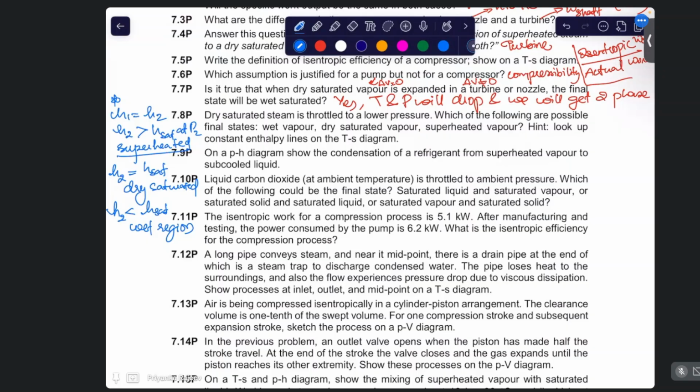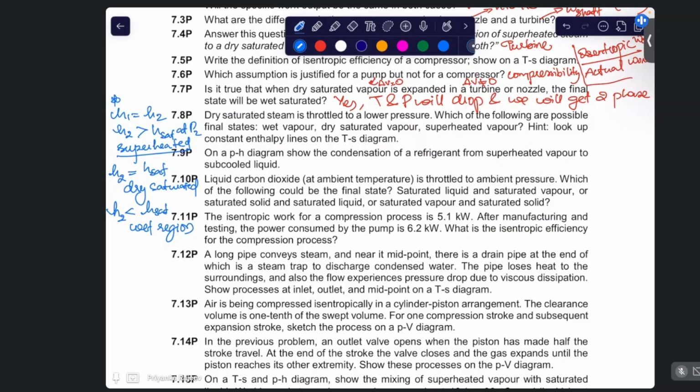So liquid carbon dioxide has a triple point at almost 5 bar and negative 50 degrees. So at typical ambient pressure, that is like 1 bar, which is very much lower than the triple point pressure, and ambient temperature is very much higher than its triple point temperature.